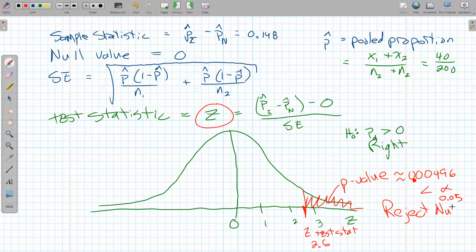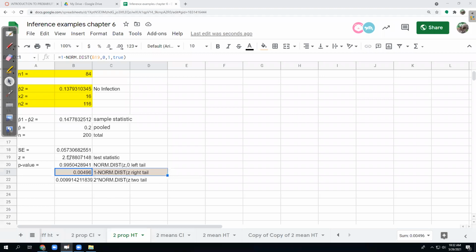Now I've got to state what that means in a conclusion. I do have a pretty big z. That was my first evidence that something weird's going on here. The difference seems way more than 0, and the p-value says, yeah, that is unusual. Oh, I said I would do this in StatKey too. To get the p-value in StatKey, I have to have the z. StatKey just draws a picture of the p-value for me, which is kind of cute. So let's say my z-score is 2.5788.